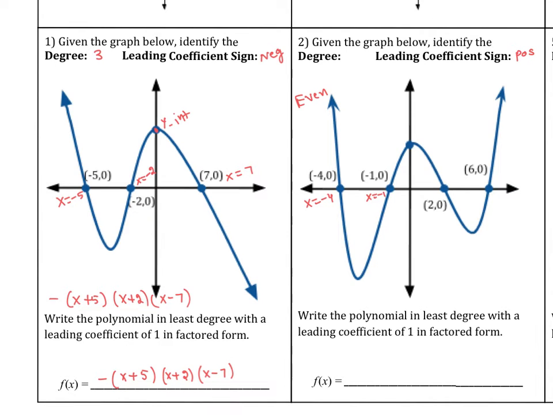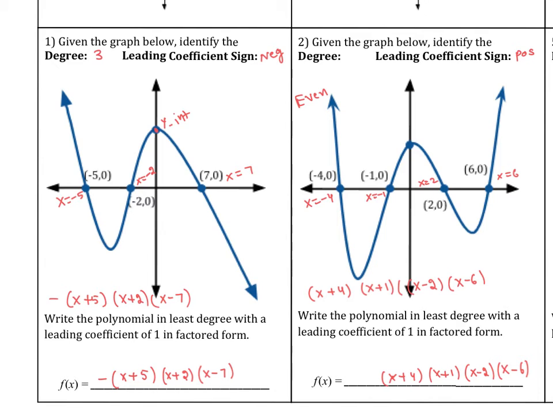The x values are x equals -4, -1, x equals 2, and x equals 6. So the factor form for this one is going to be x plus 4, x plus 1, x minus 2, and x minus 6.